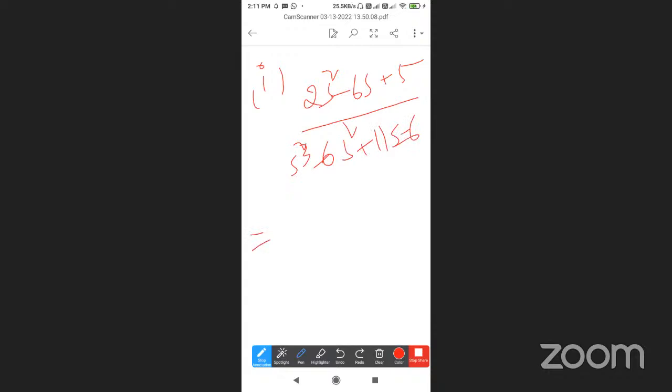The denominator has factors: we can find s minus 1, s minus 2, s minus 3. These are 3 factors.